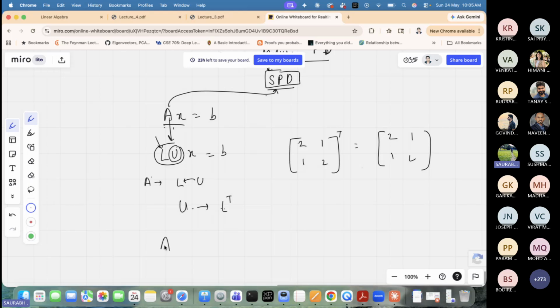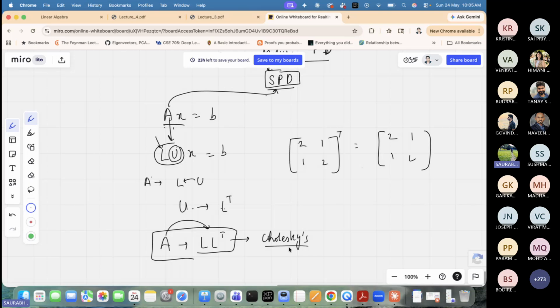So A becomes L times L transpose. This type of decomposition, when you are decomposing A into L and L transpose, is called Cholesky.